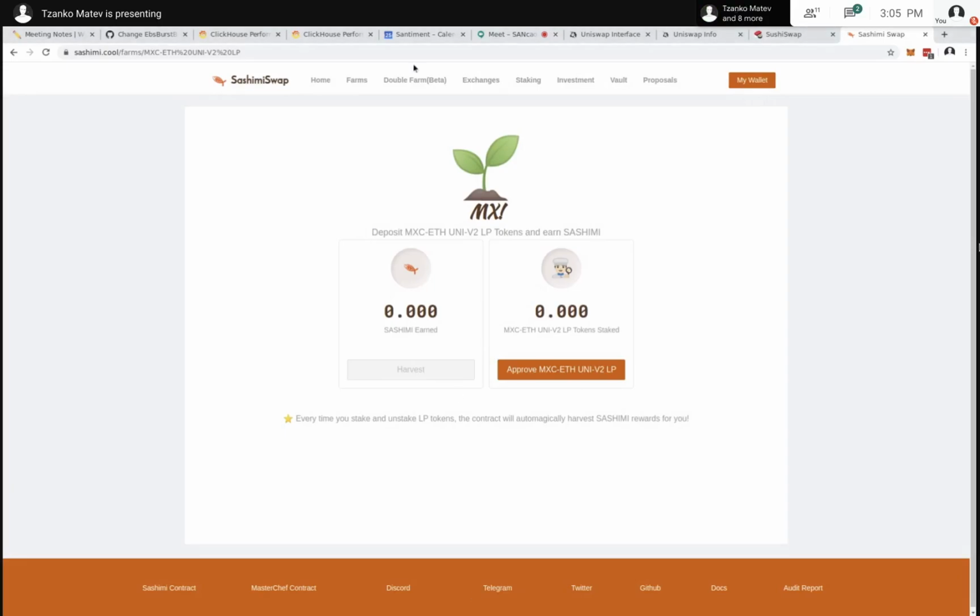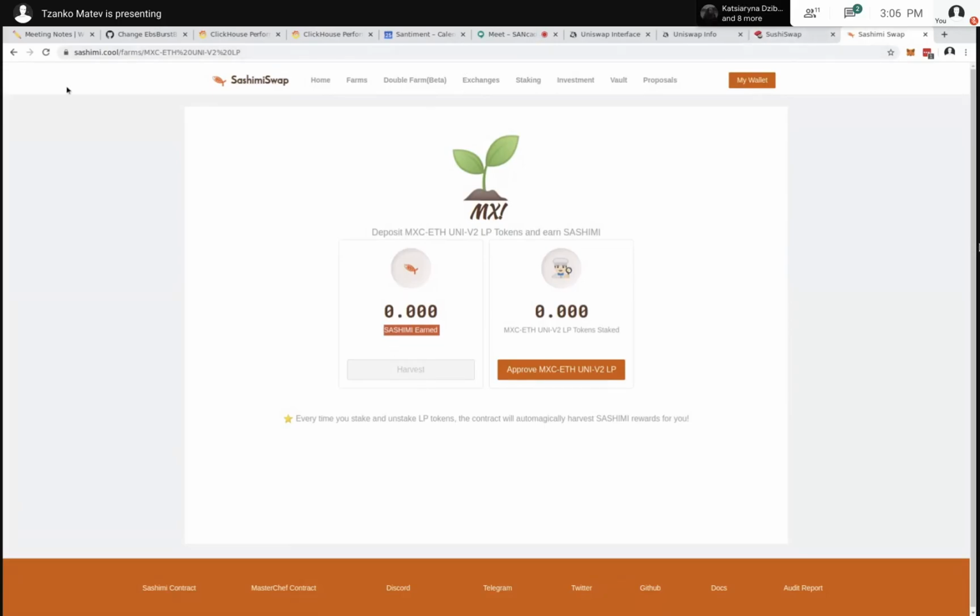And then this Sashimi swap is minting Sashimi tokens. For the time that my token from the pool is staked here, I'm making Sashimi tokens.